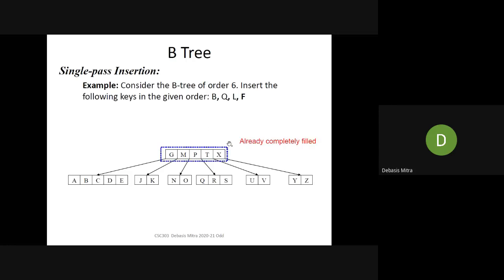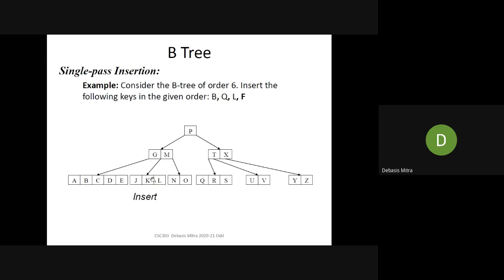So P will be promoted up, and since the root is split, the height of the tree will be increased by 1 like this. Then L will be inserted. Since L is less than P and L is in between G and M, L will be inserted in the leaf node which is second from the left. So it will look like this.